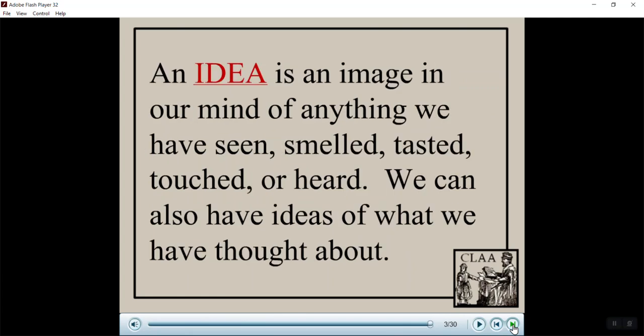We learned that an idea is an image in our mind of anything we have seen, smelled, tasted, touched, or heard. We can also have ideas of what we have thought about. These are ideas.